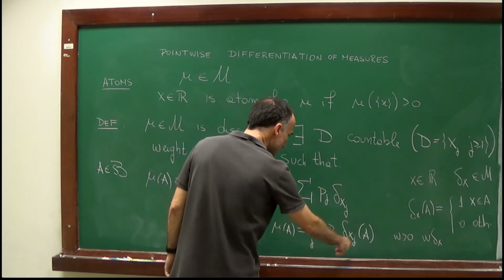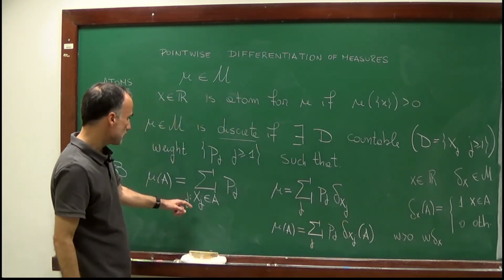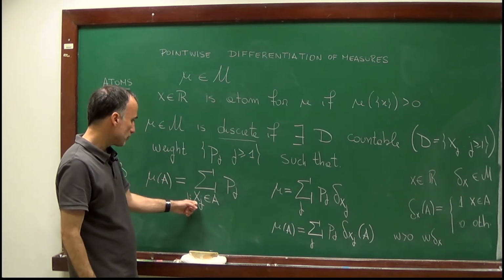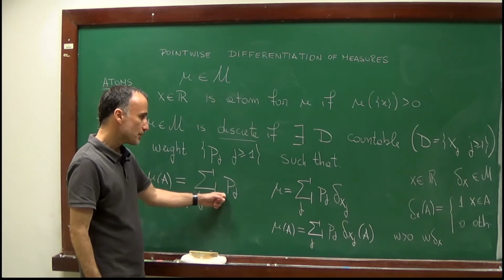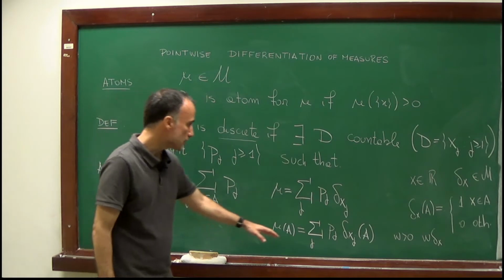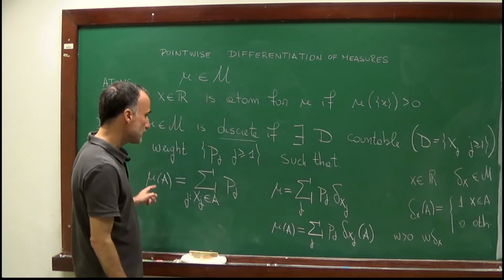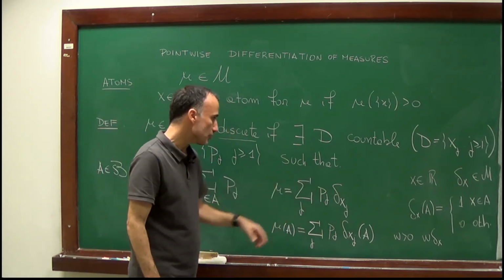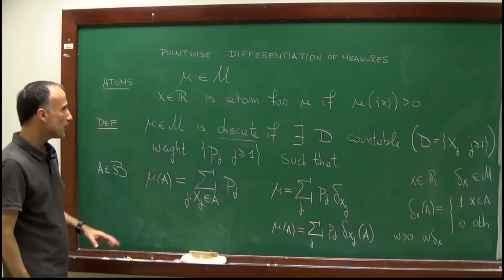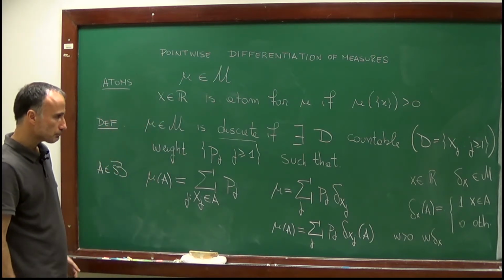So I can rewrite this sum as the sum over all j for which xj belongs to A of pj, and this proves that indeed mu is given by this expression. So these are the discrete measures.